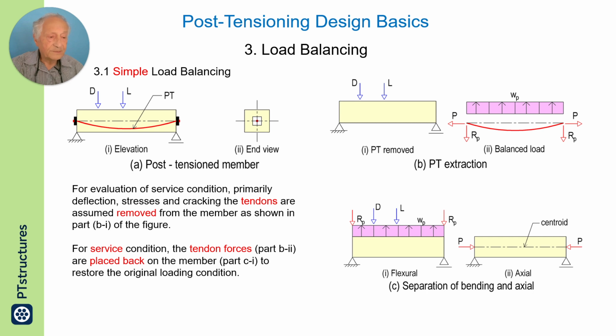In order to restore the condition of the original structure in calculation of deflections and stresses, you put back the forces from the tendon that result in bending. This upward force is put back in the member, and obviously the reactions here.